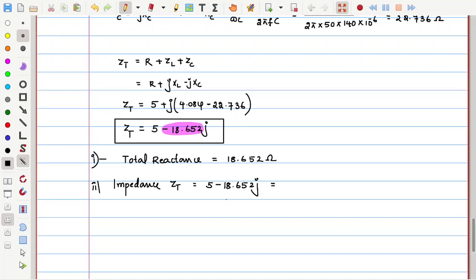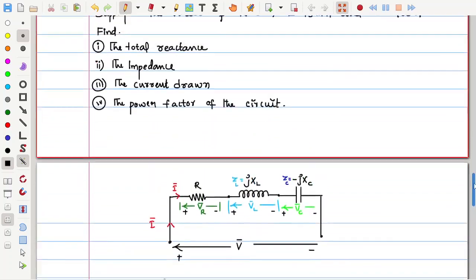This is in rectangular form, so now let me put this into polar form. The magnitude is 19.31 and the angle is minus 74.99 degrees.